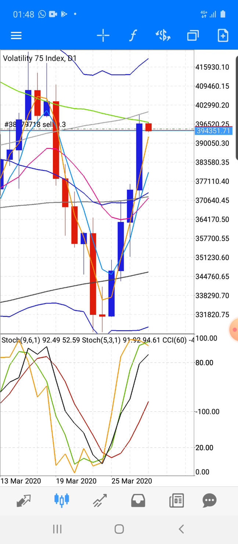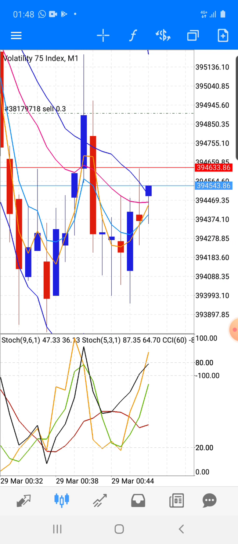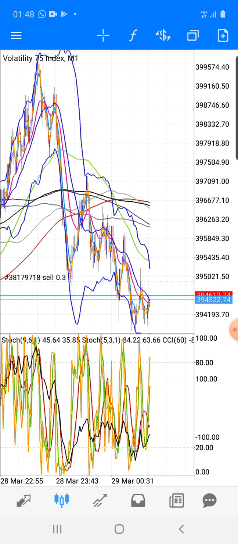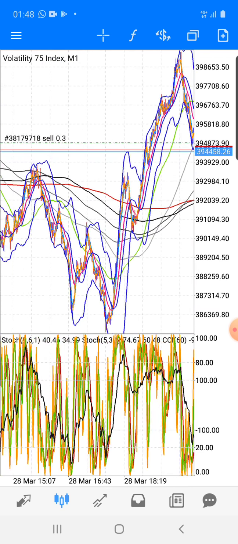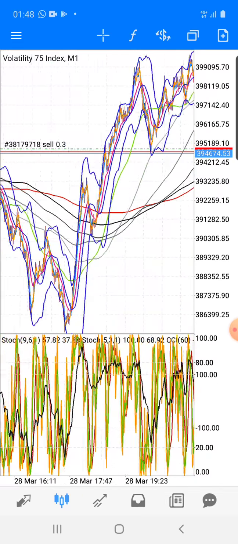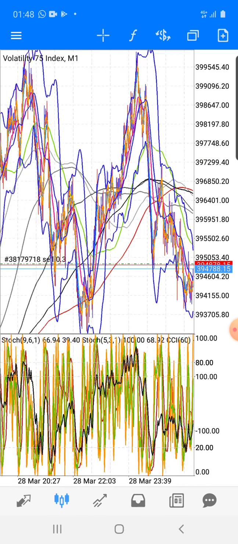Then when you do that, the next thing you want to see is go straight to your 1 minute and see if there is some sort of a reversal setup.